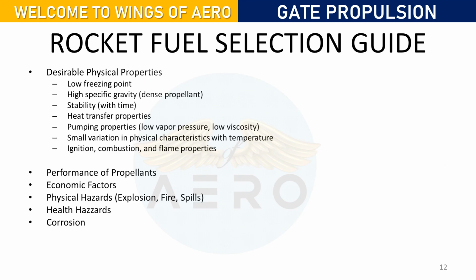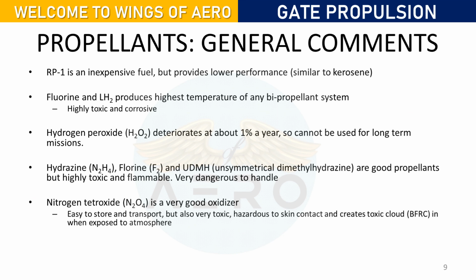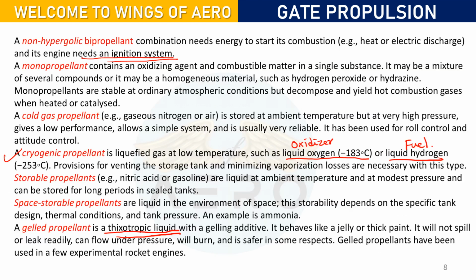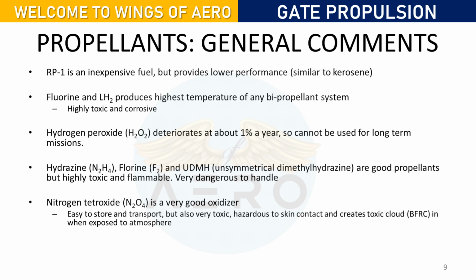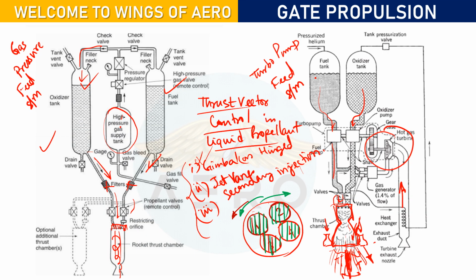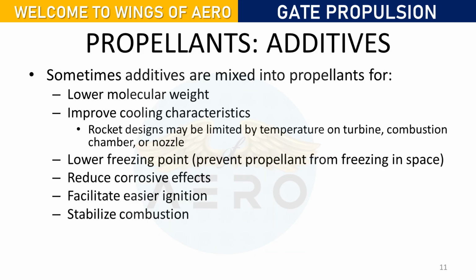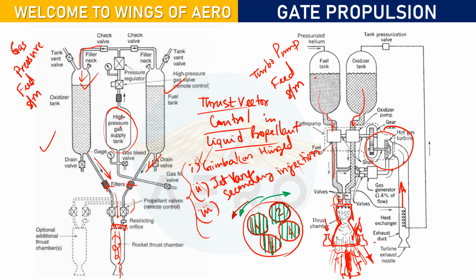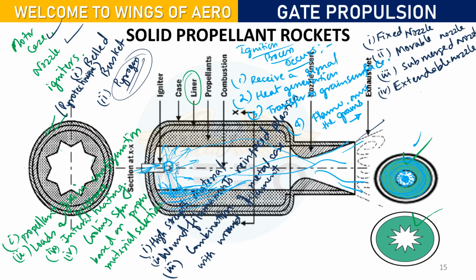Next class we will have a look at some of the propellants. Then we will go through how the thrust vector control and other mechanisms work, and the systems of both the gas pressure feed system and the turbo pump feed system, how they differ from one another and what the advantages and disadvantages of each are.